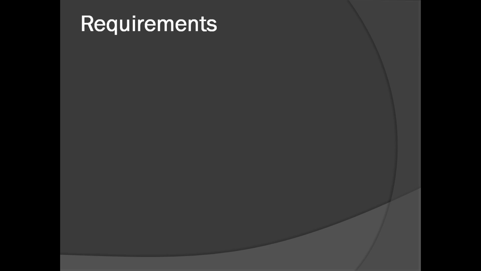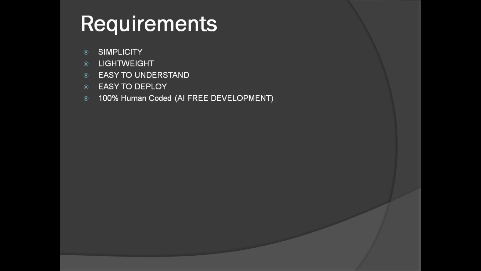So the requirements for when I design this project and series: simplicity. I can't stress enough coding simplicity. Lightweight, easy to understand, easy to deploy, 100% human coded, AI-free development, no AI. 2 version options. 1 for client-side rendering, meaning HTML and JavaScript, and 2 server-side rendering using PHP.